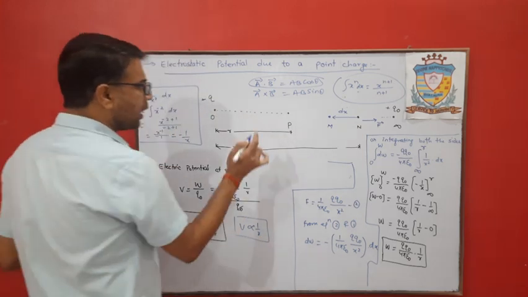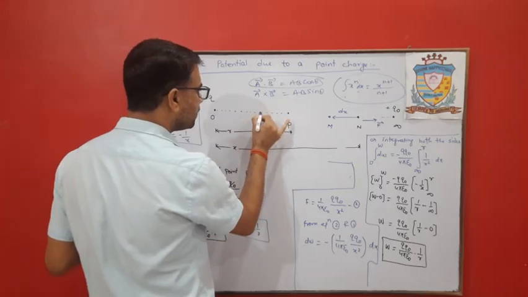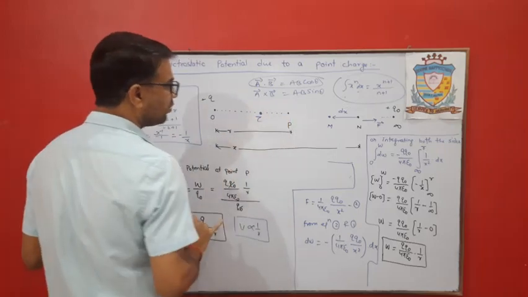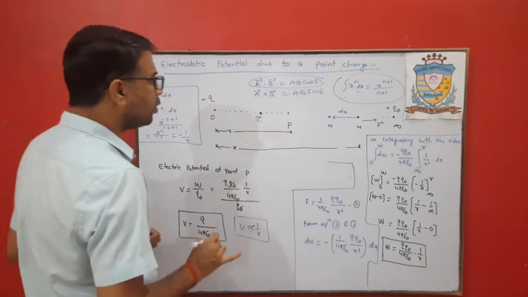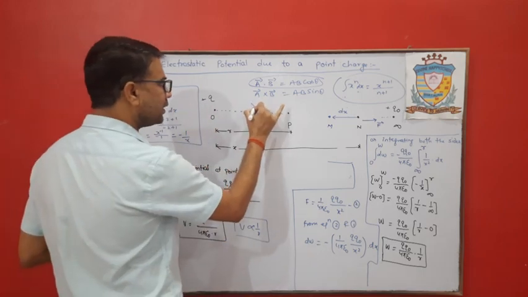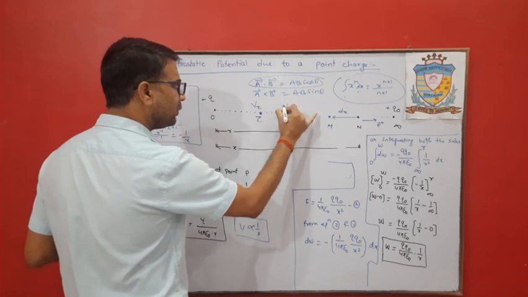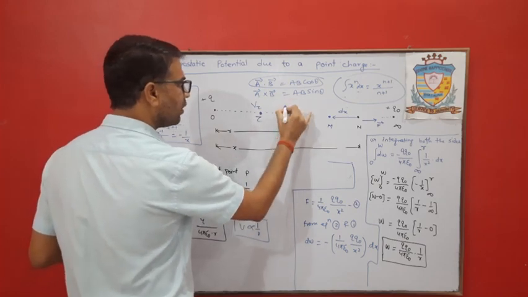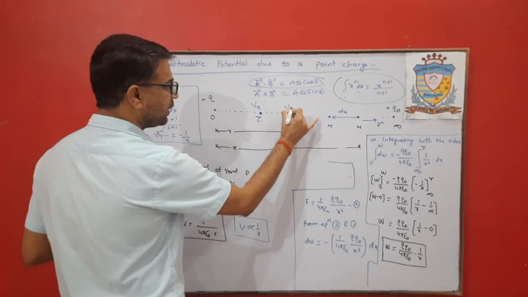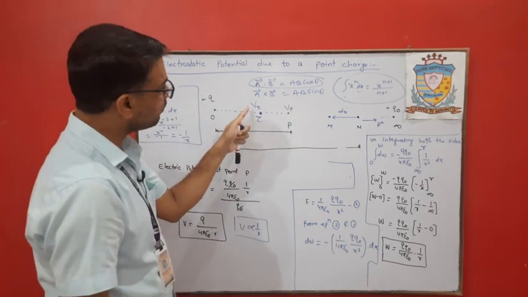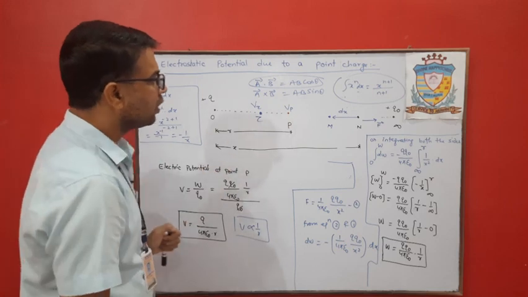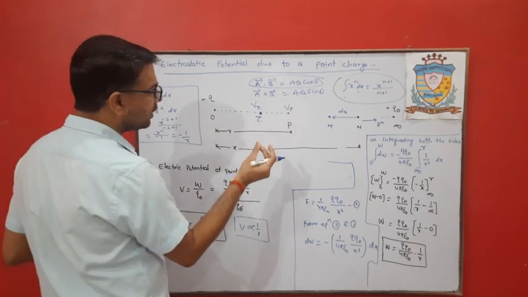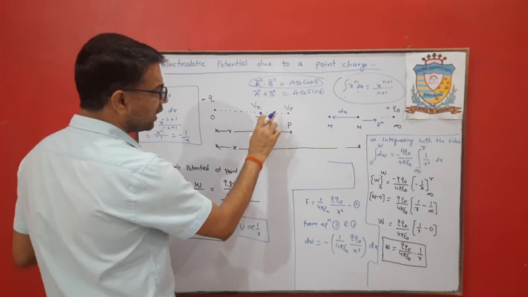Clear? So suppose we have a point Z over here, which is near to this source charge. So the amount of electric potential, let this be Vz and this be Vp, where Vz is the potential at Z and Vp is the potential at P. As we know, in previous class we have already discussed about it.